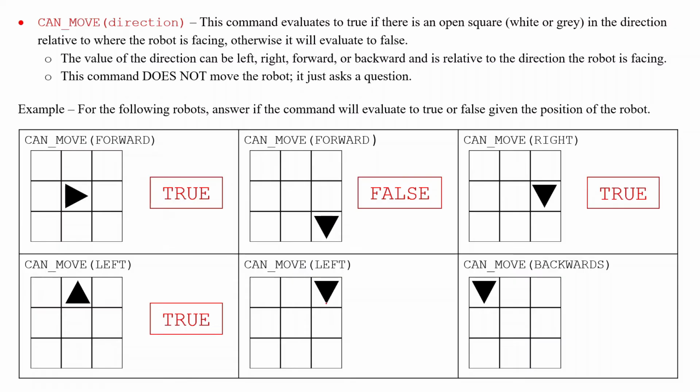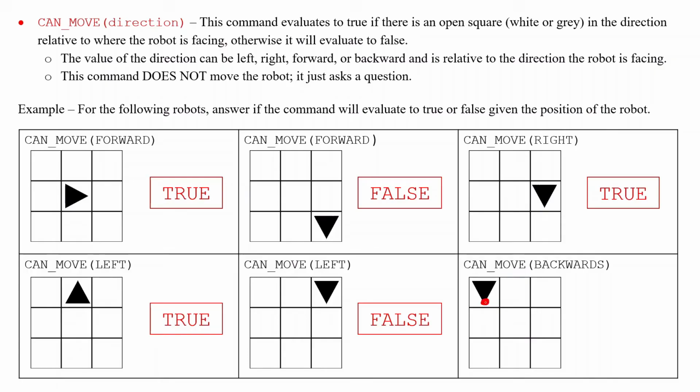Now this one, if I put it here, can I move to the left? Which direction would be to the left of that robot? That would be over here. Now, can it move in that direction? No, because it's off the grid, so it would be false. And the last one is backwards.